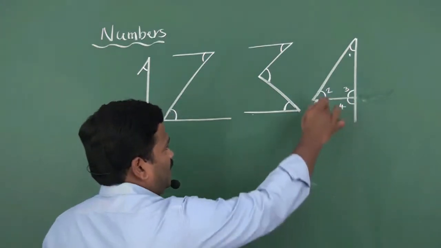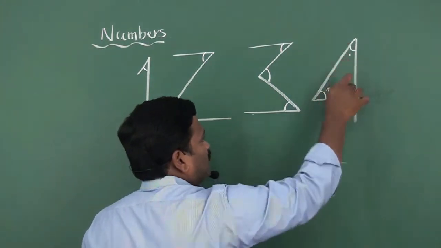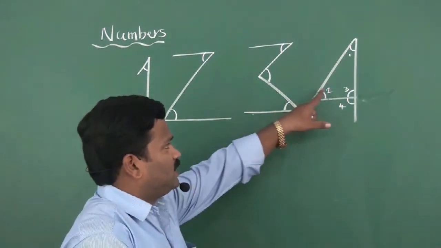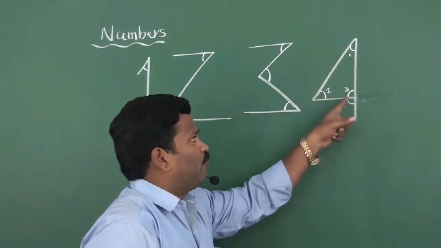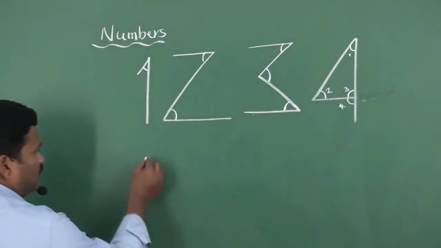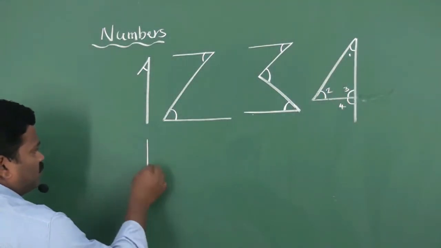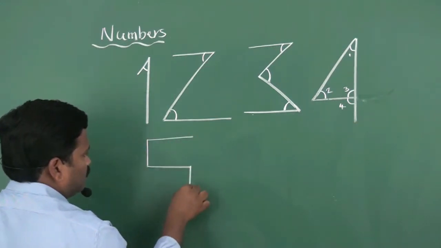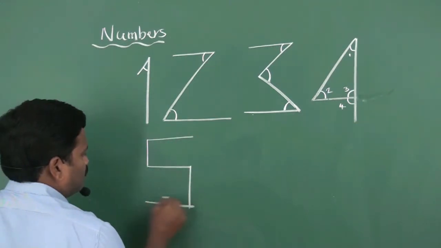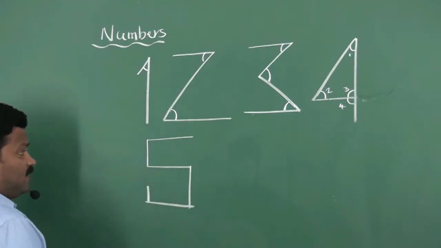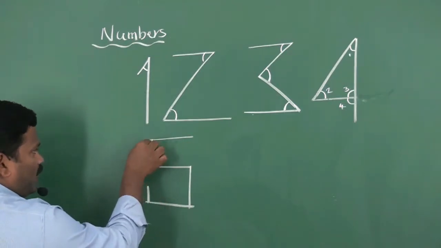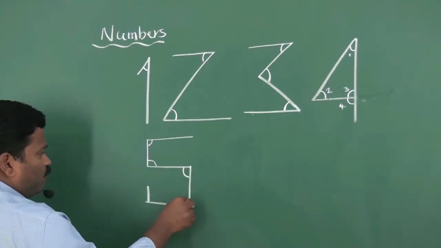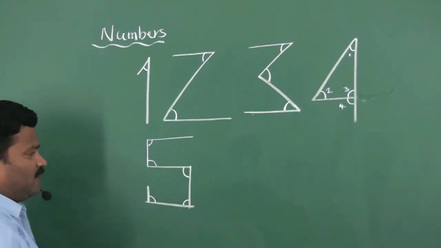Therefore, this figure is named 4, since in this diagram we have 4 angles. Similarly, it is 5. 1, 2, 3, 4, 5.